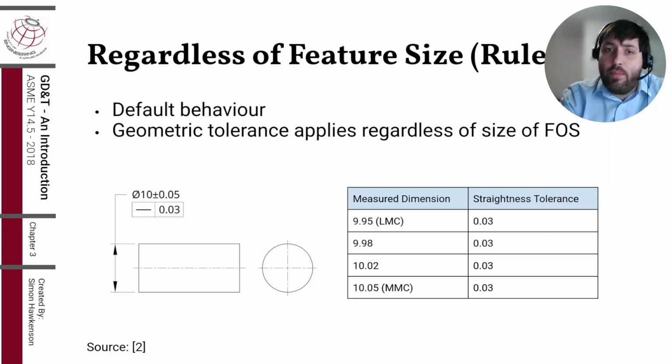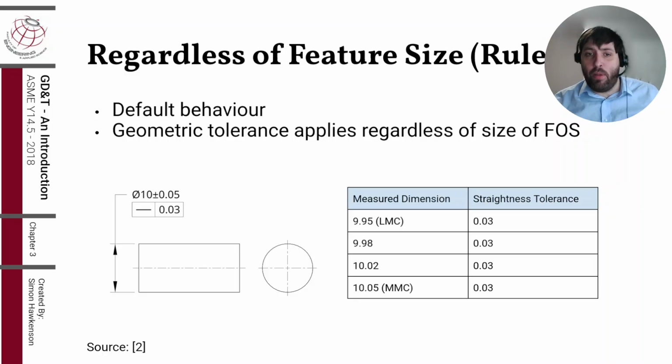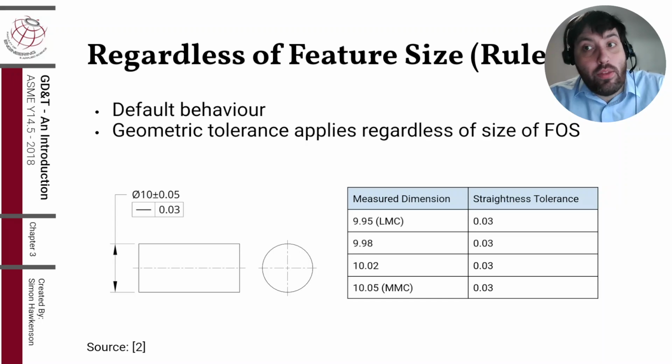So if you see a symbol with an M in a circle or even an L in a circle, that's a modifier changing this behavior. But for now, we're going to keep things as simple as possible and assume that this is not the case. RFS always applies, at least in the examples in here. And that is until indicated otherwise.